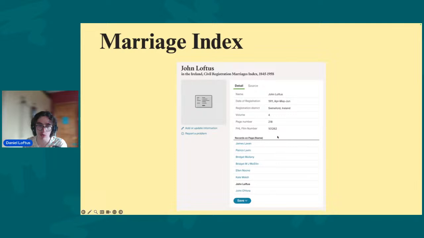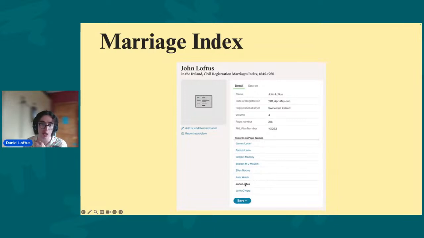Same goes for the marriage, where you can see John Loftus, 1911, April, May, June, Swinford, Ireland. But with marriage indexes, it gives you all the people listed on the page that the marriage is on. So I can see John Loftus, but I can also see Ellen Noon. These names aren't together, so it doesn't imply that those two married together.